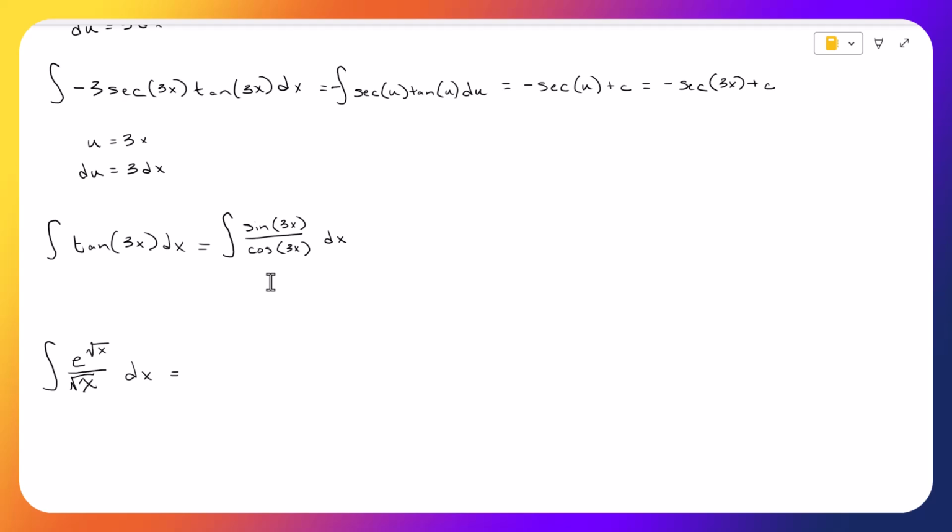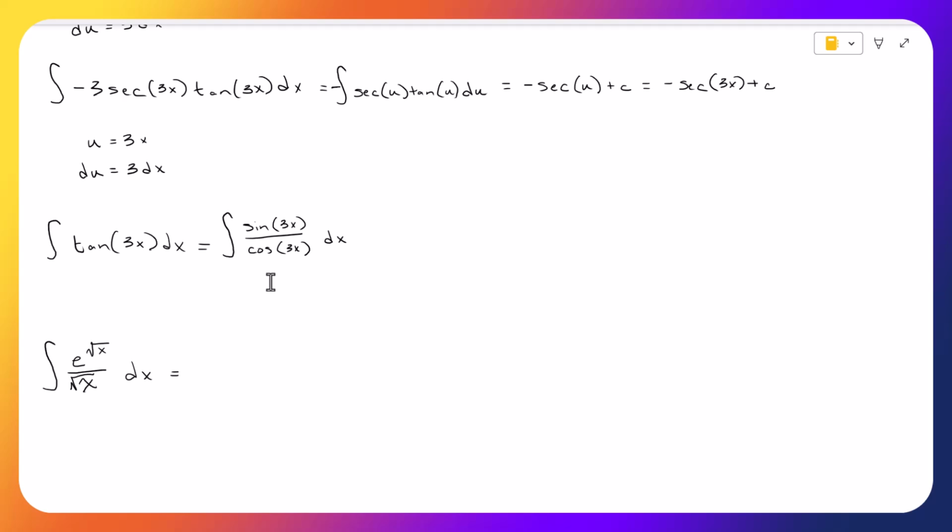I'm thinking about it. No, it does matter. Okay. So this one you're going to kind of have to get an eye for which one to use. I'm going to do both of them and then sort of show you why one works and one doesn't work.